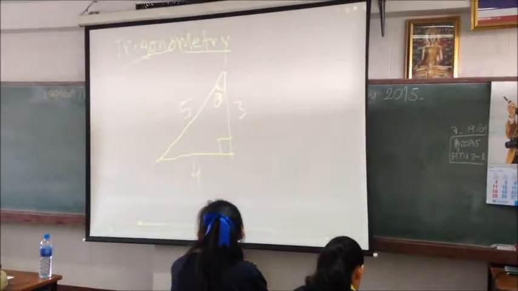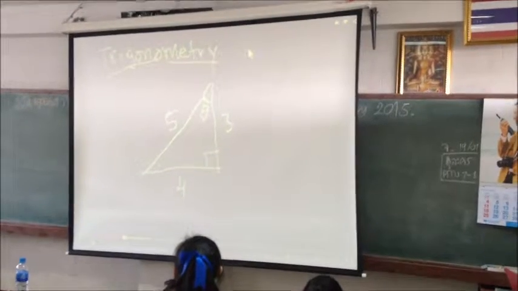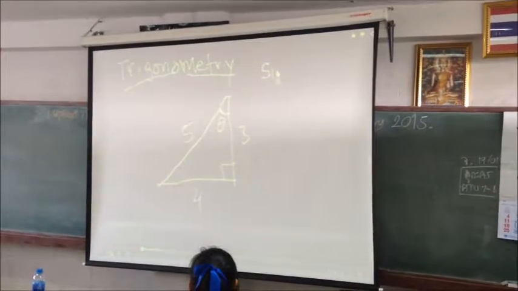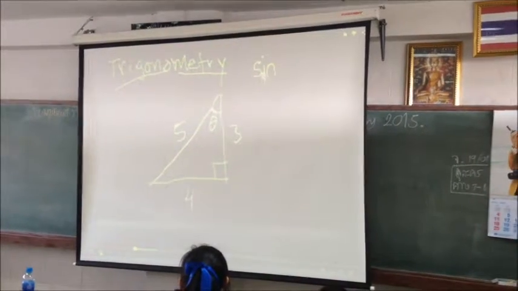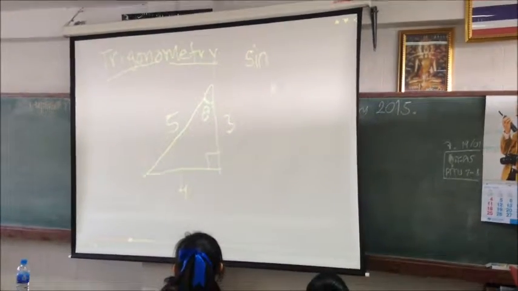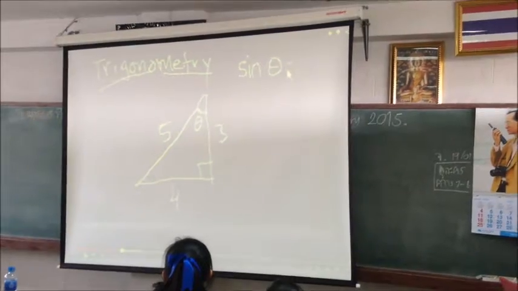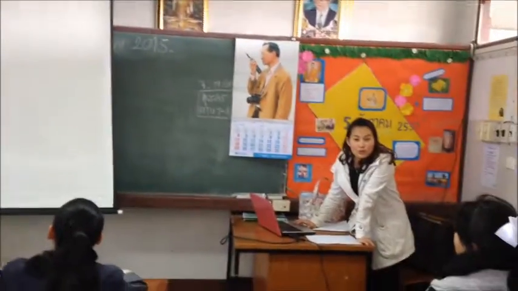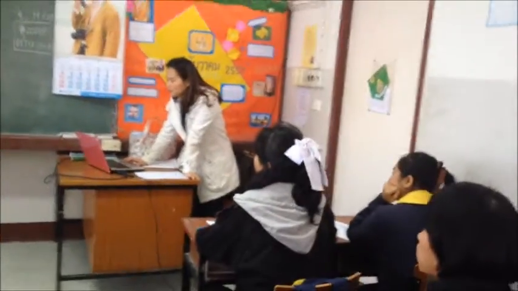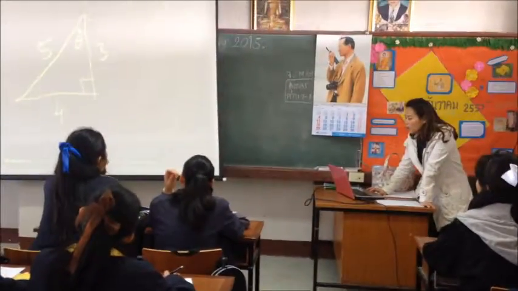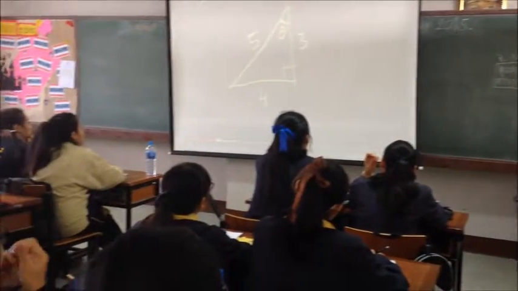Let's say you wanted to find the sine, and sin is short for sine. Let's say you wanted to find the sine of theta. Sine of theta equals 4 over 5.